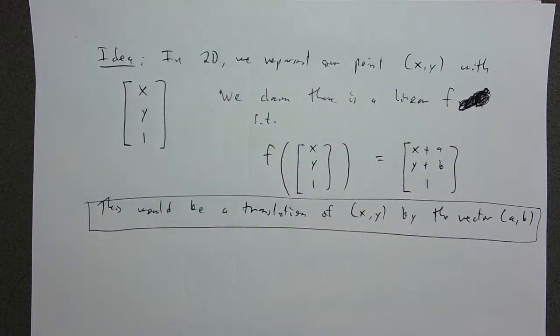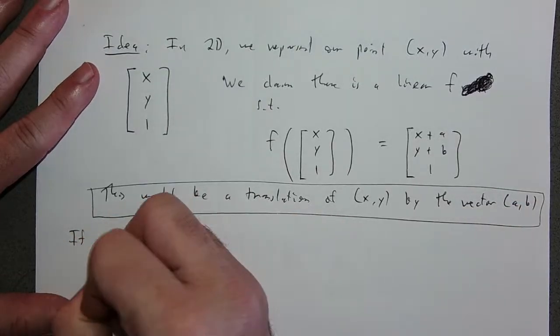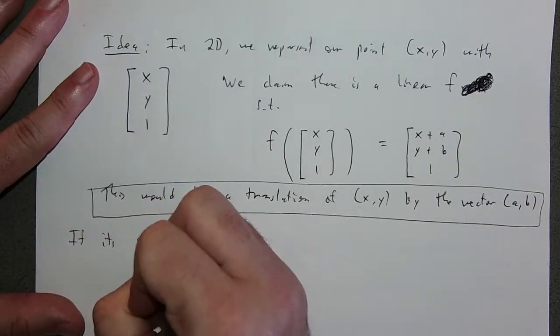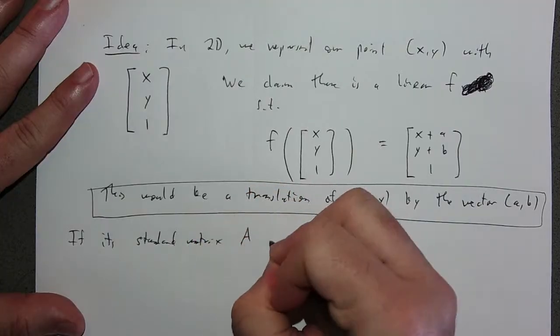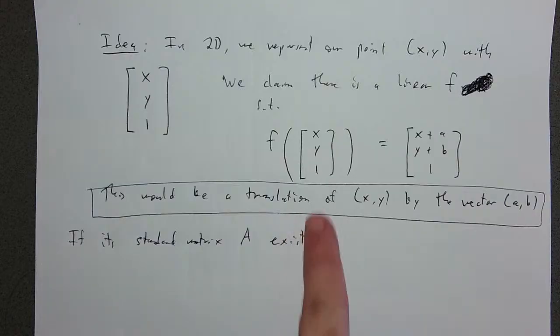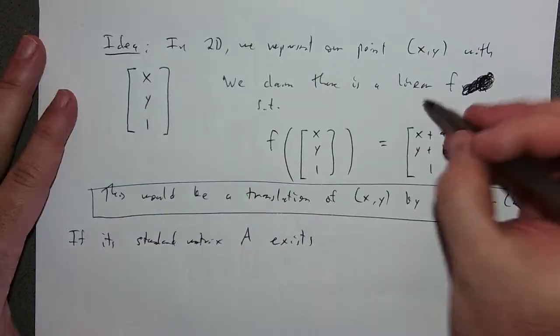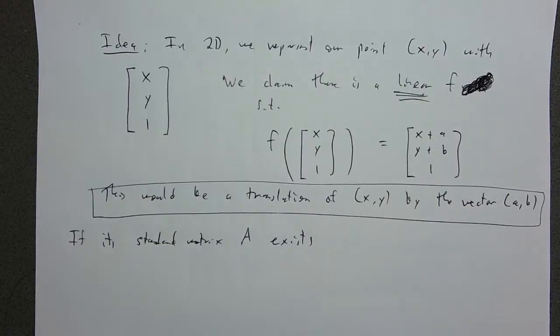Okay. Now, if its standard matrix A exists, what we mean by that is if there exists a matrix that does the same thing here, right? That this is in fact linear, right? If this is in fact linear, there has to be a matrix called the standard matrix that does this, right?